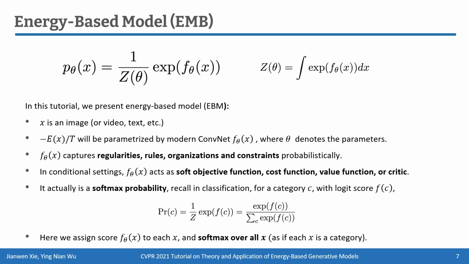F captures regularity, rules, organization, and constraints probabilistically. In conditional settings, f of X acts as a soft objective function, cost function, value function, or critic. It actually is a softmax probability. Here, it assigns score f of x to each x, as if each x is a category.